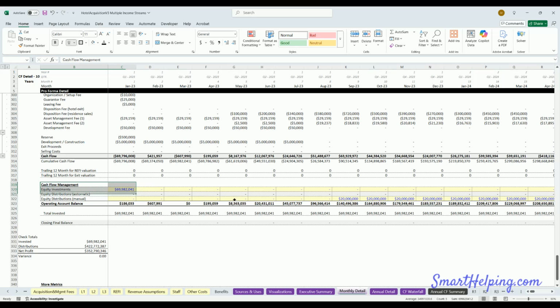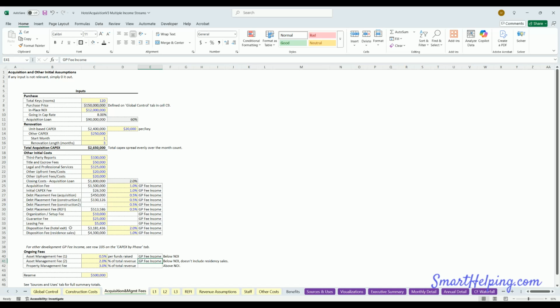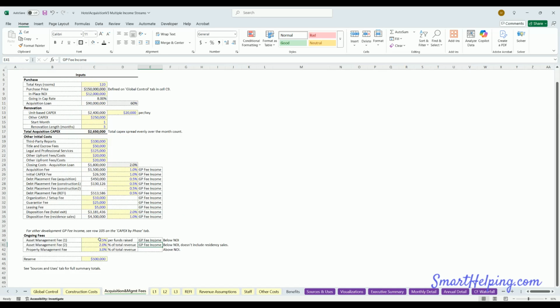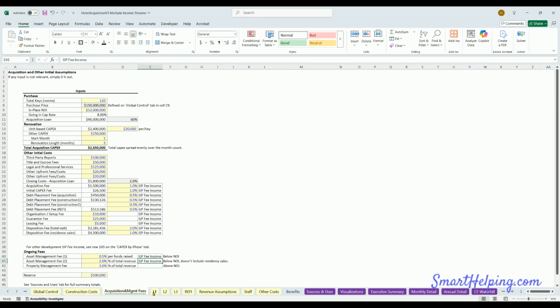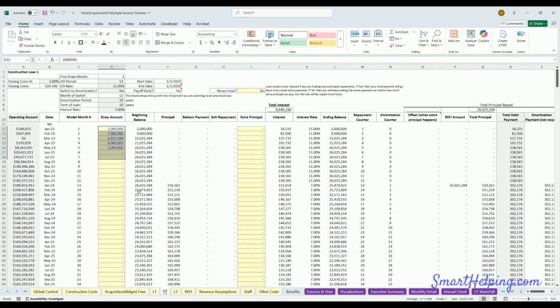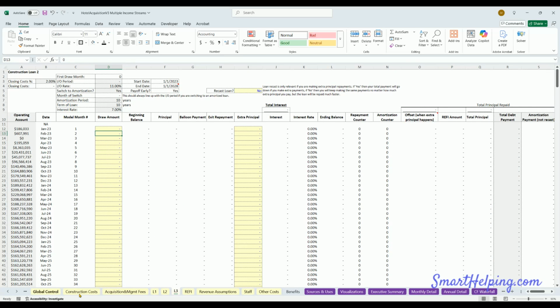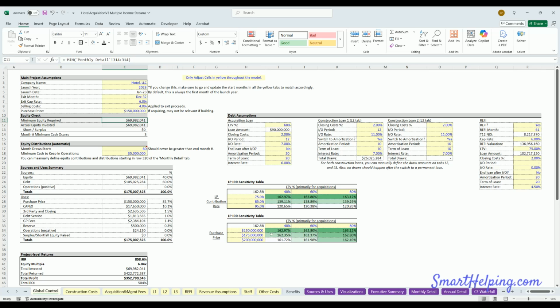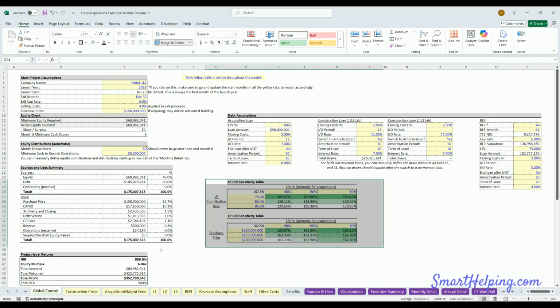So this is a little bit more sophisticated on the cash flow side. It did not have all these complexities for acquisition and management fees. The construction loans, it was not this granular, and it didn't give you the flexibility. It didn't have any sources and uses, and didn't have these sensitivity tables.